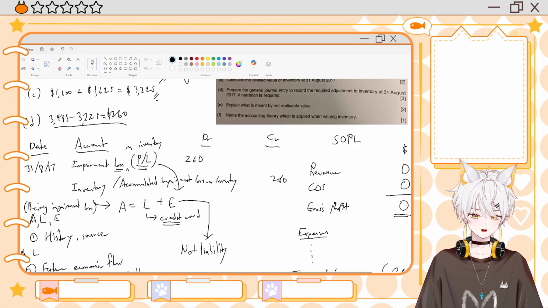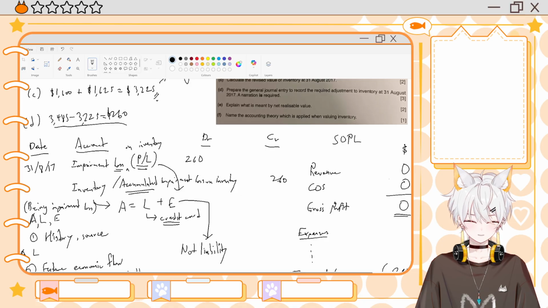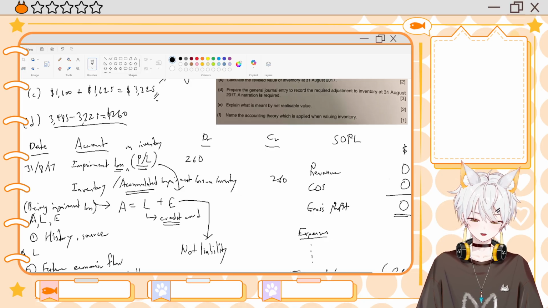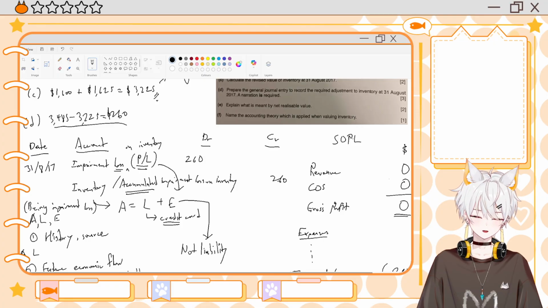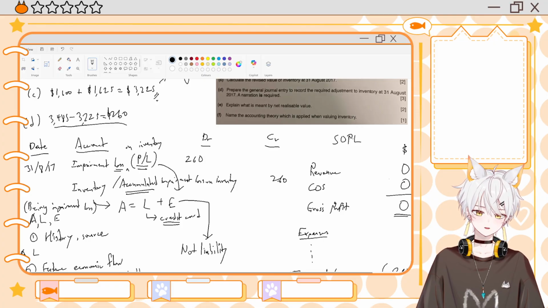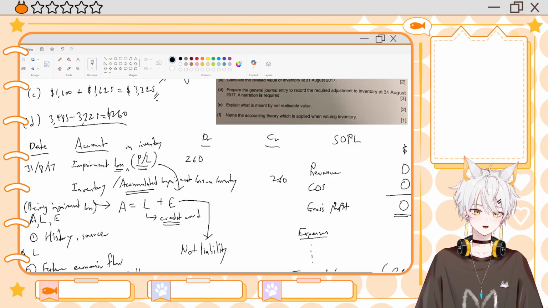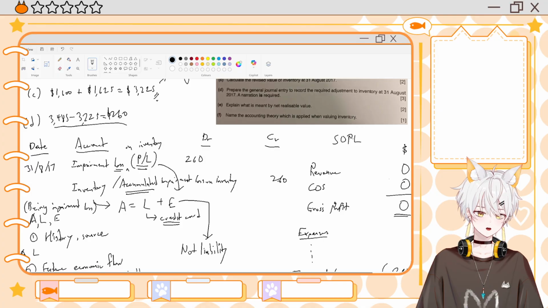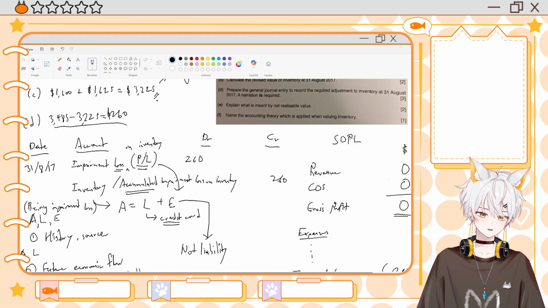So this is why accumulated, right? At basic level, I think it's fine, but as you go higher level, it's good practice to write accumulated impairment loss on inventory. Because then you have a separate account that keeps track of, number one, exactly how much is impaired for each item.